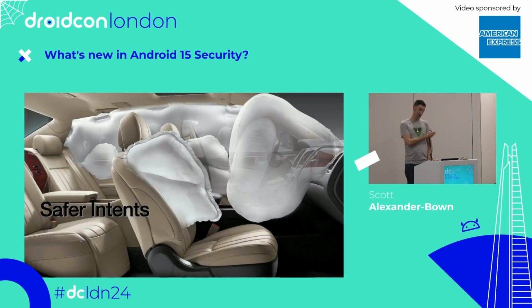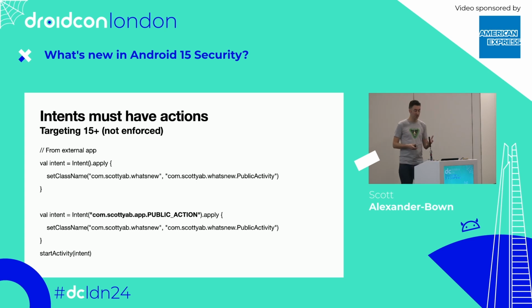I mentioned a little while ago about intents in Android 14 being further restricted, and we see some more additions to this in Android 15. It's now around matching the intent. So now intents must have actions. I just want to draw attention to, this is when you're targeting Android 15, but it's not enforced.